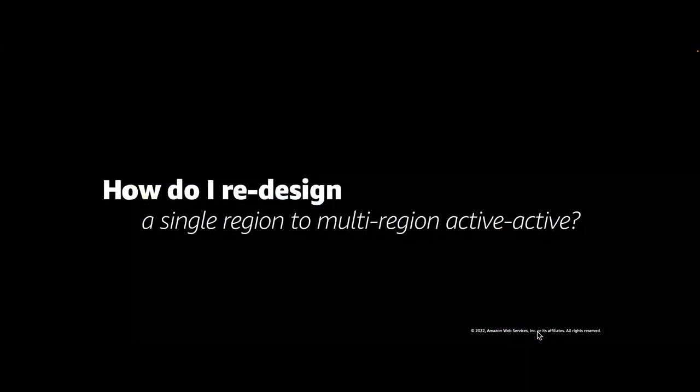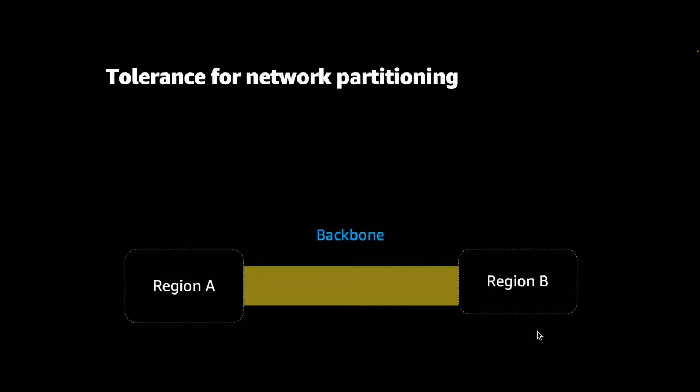But the question is, how do I design a single region to multi-region active? Before we dive into that, we need to take a few things into consideration, right? We need to speak about tolerance for networking. So we have region A and region B, and then we have the AWS backbone.